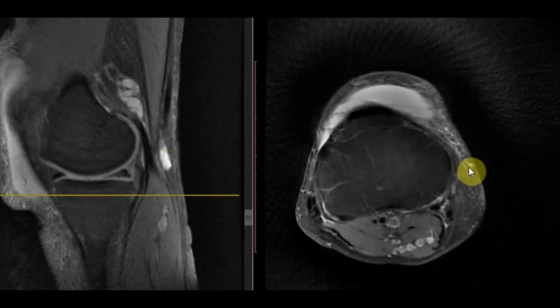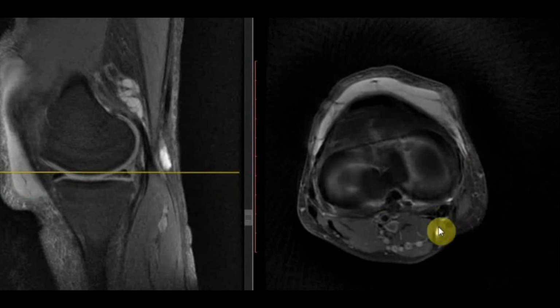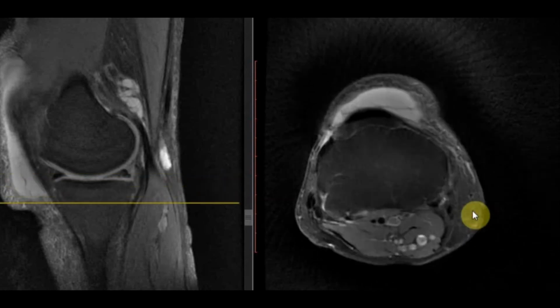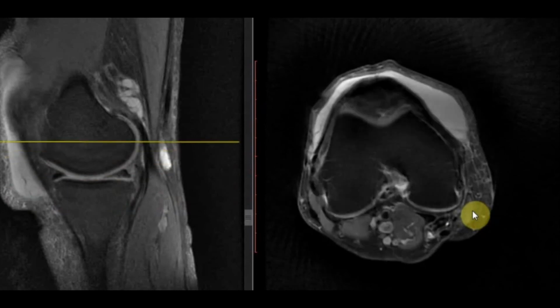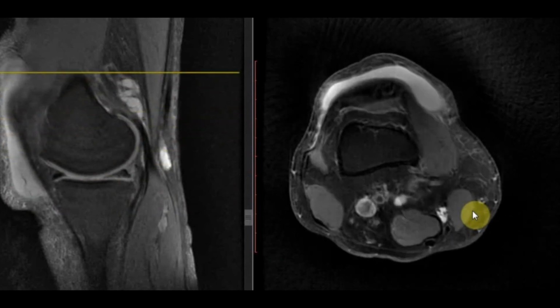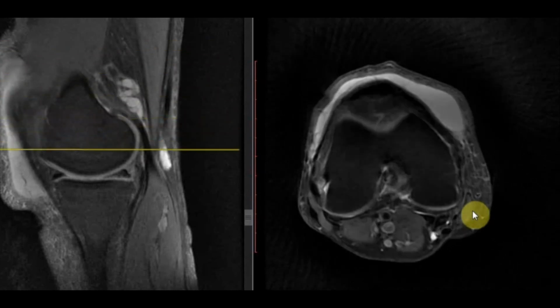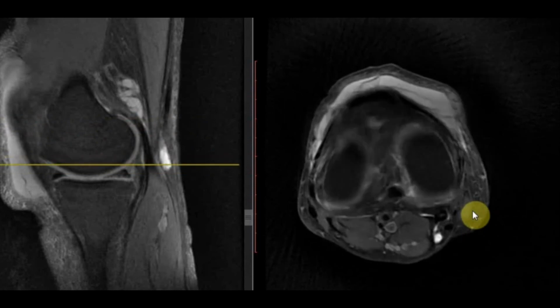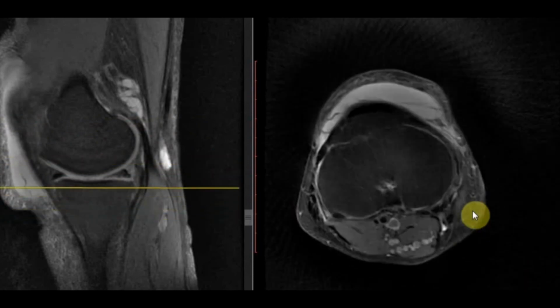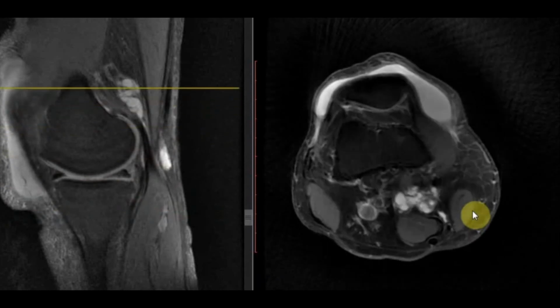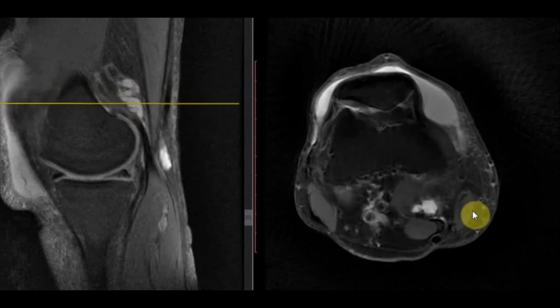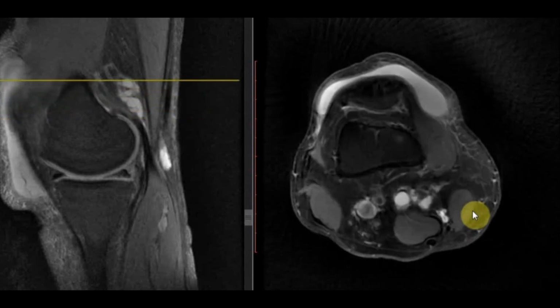And these cystic lesions are communicating with the semimembranosus gastrocnemius bursa. So there is loculated bursal distension which is extending superiorly. We can also give the differential of ganglion cyst in this location, which can form in relationship with the important tendons which are seen here.